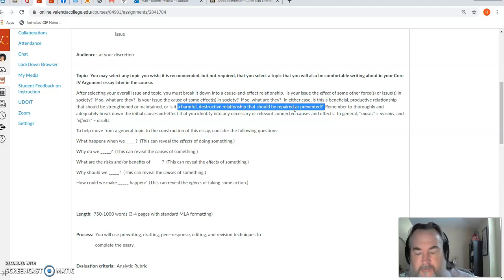Okay, it's a topic we're all familiar with, climate change, whatever we're calling it. The effects of climate change, and you lay out some possibly negative effects. Okay, well, for your 4th essay, we don't want that to happen, so how can we stop climate change from causing these things? So in both cases, you're exploring how one thing causes something else, how college causes good things, or how climate change causes bad things.